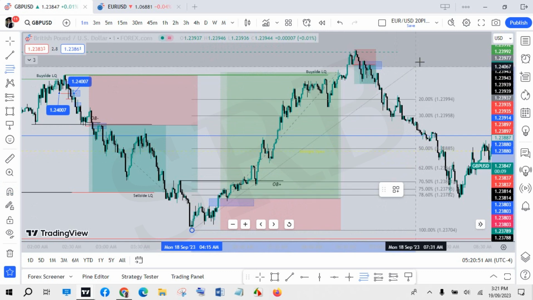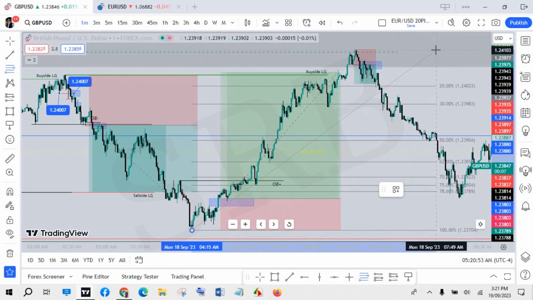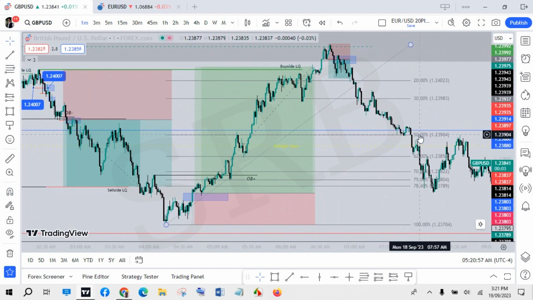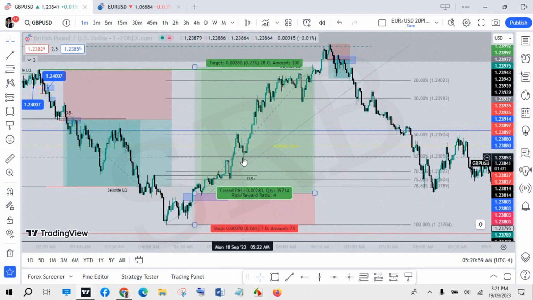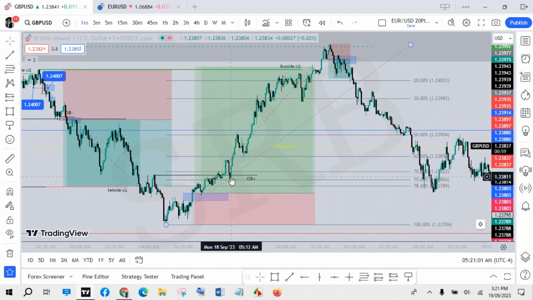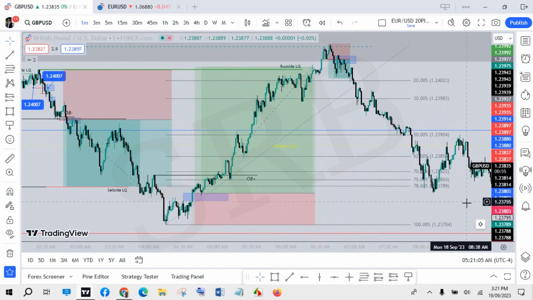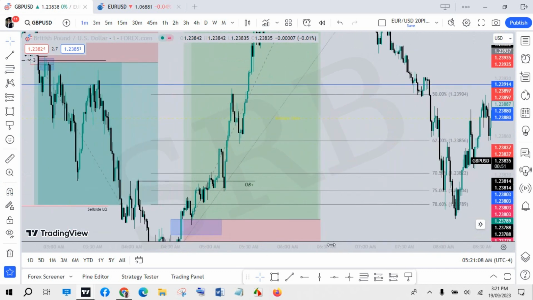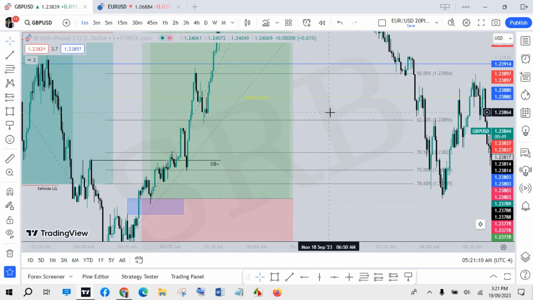So let's mark this range again. We are going to look for below the equilibrium, so we can target this low and this low. This low would be 75%, and this would be at 62%.